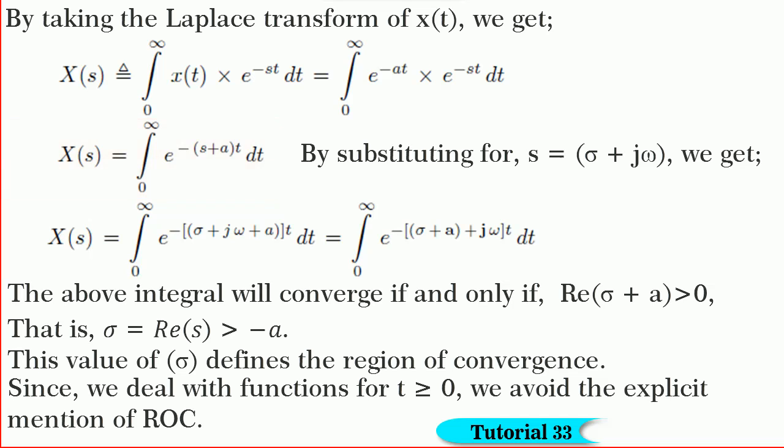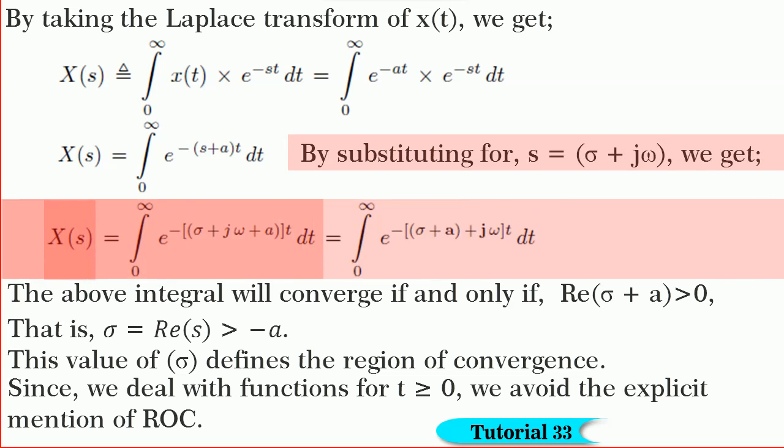But we know s is a complex frequency which is s is equal to sigma plus j omega. By substituting for s, we get capital X of s is equal to integration 0 to infinity e to the power of minus into bracket sigma plus j omega plus a into t into dt, and that is equal to 0 to infinity e to the power of minus into bracket sigma plus a plus j omega t into dt.